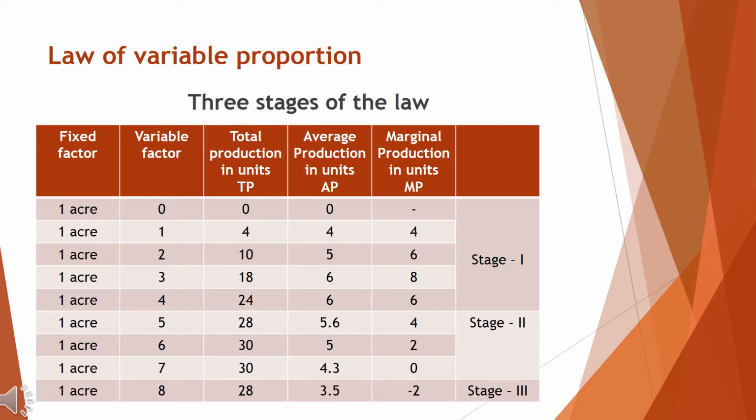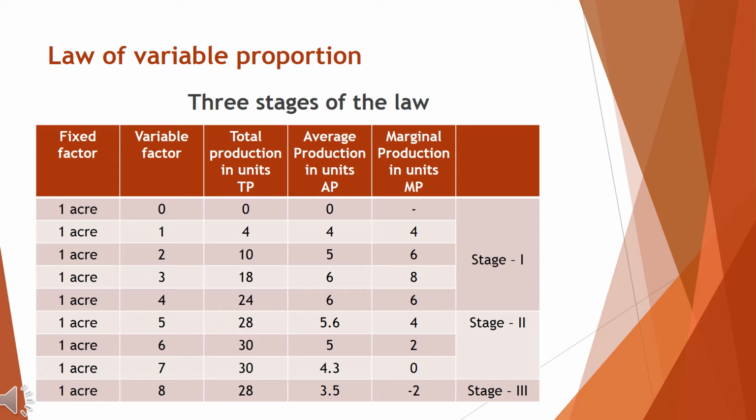Therefore, to bring about an increase in output, the producer uses more and more of the variable factor with a given amount of the fixed factor. In the theory of production, the law which explains the relationship between one variable factor and output, keeping the amount of other factors fixed, is called the law of variable proportion.